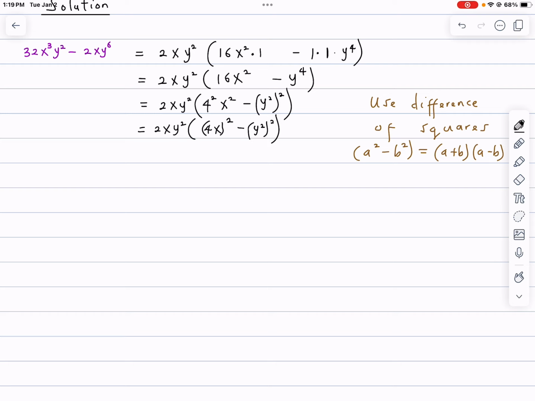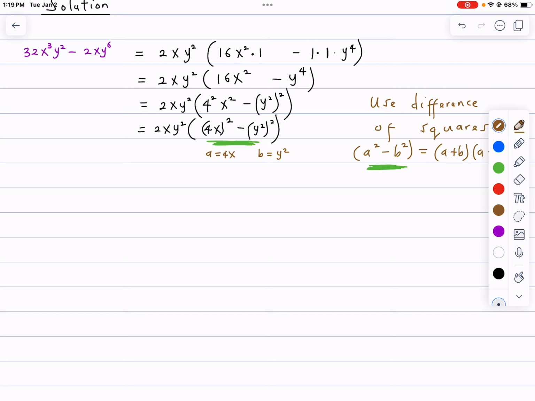So this now is in the form of difference of squares, which is a squared minus b squared, right? So if you compare this expression I'm underlining with this one here, I can say my a is going to be 4x, and my b is going to be y squared, right?